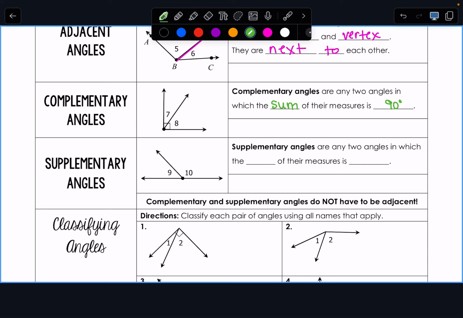Okay? So this box right here, remember, means 90 degrees. So in this picture, angles 7 and 8 are adjacent. They don't have to be adjacent, just in this picture they are. But as long as we can add the measure of the two angles and they add up to be 90, then we can say that they are complementary.